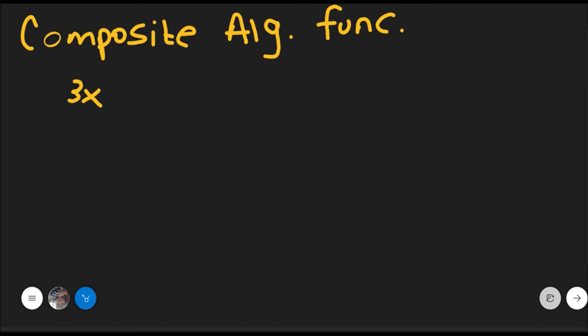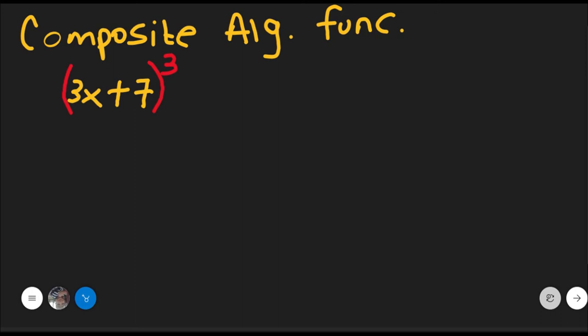What if I add some constant, let's say I add 7 to it? This again is a simple algebraic function. But what if I make a bracket here and add some power to the whole of this function? Let's say I add a cube to it. So now this is a perfect example of a composite algebraic function.